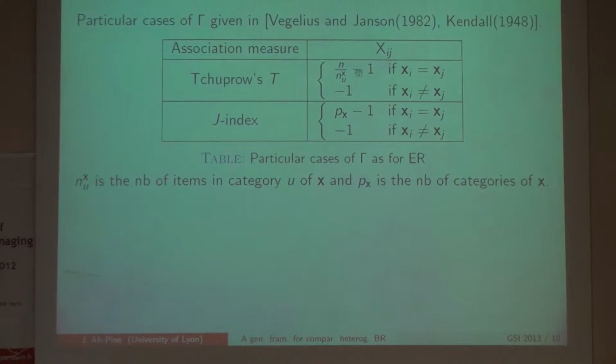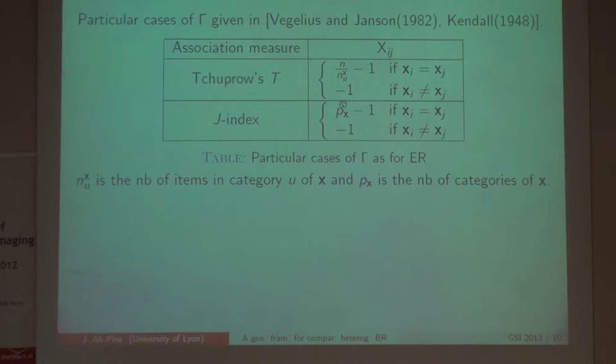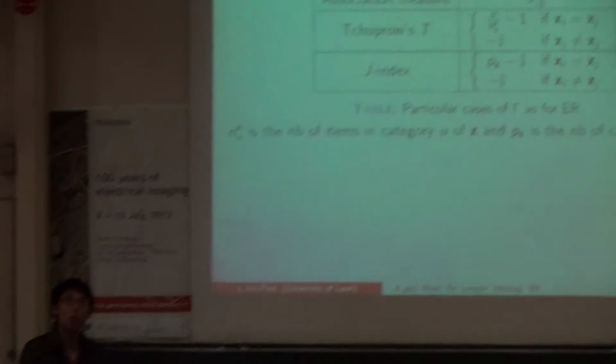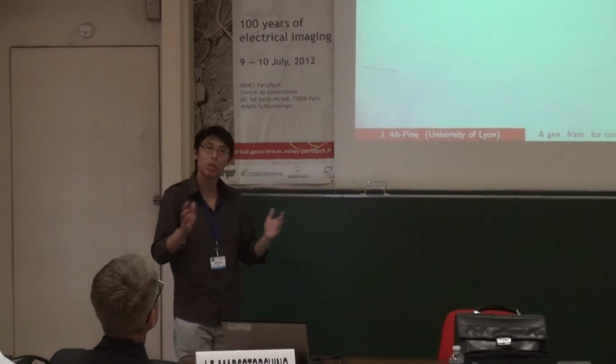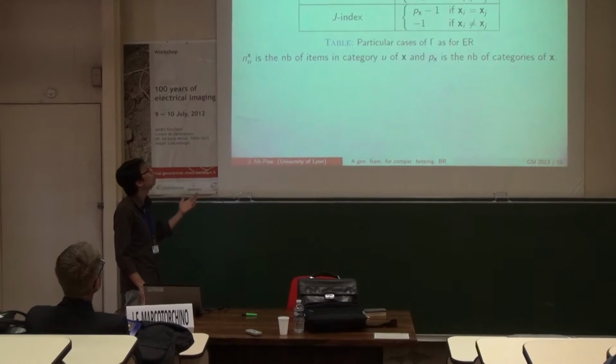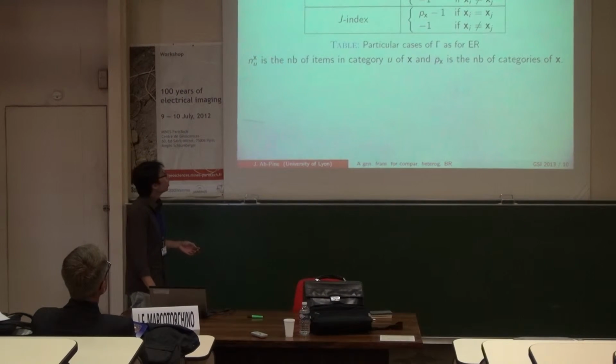And we also have the G index, which is the Johnson and Bejevius criterion that we talked about in the previous talk. The main idea here is to show that this general coefficient allows defining different types of association measures. I won't go into the details of the definition of the different criteria.